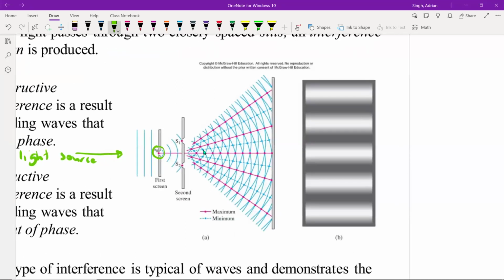And obviously the light is going to be blocked by most of the wall, but it's going to go through that small opening. And then behind that wall, there's another wall. So this is wall one, and this is our second wall. And in that second wall, there are actually two openings, in other words, a double slit on that second wall.